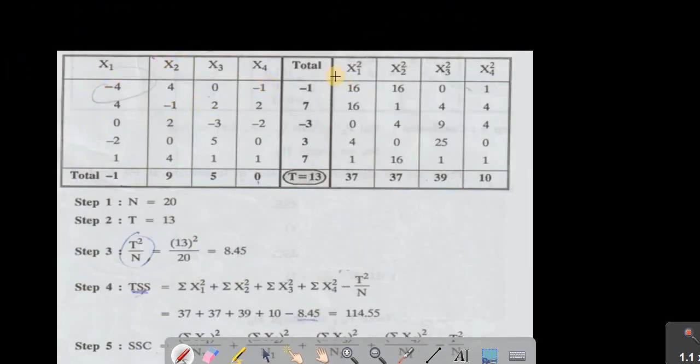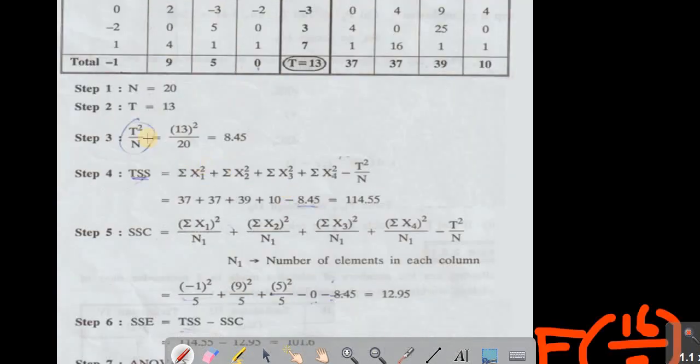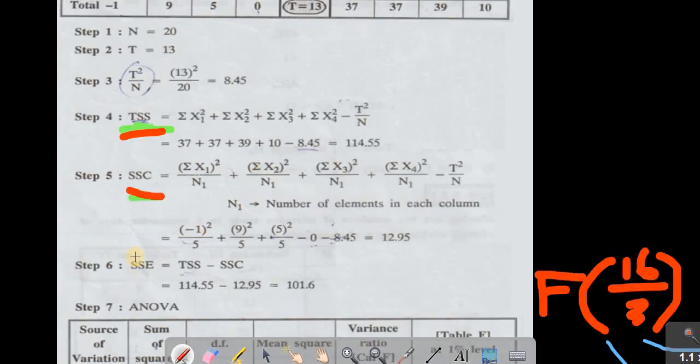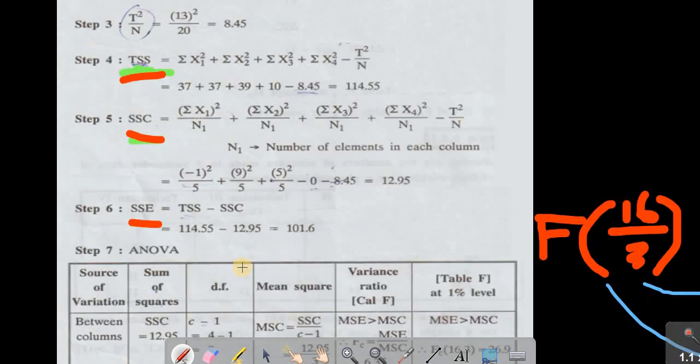Then afterwards we are squaring and adding. Here we are adding the ratings, finding the total, NT and SSC. We find SSC by using the formula, TSS and SSC by using this formula.